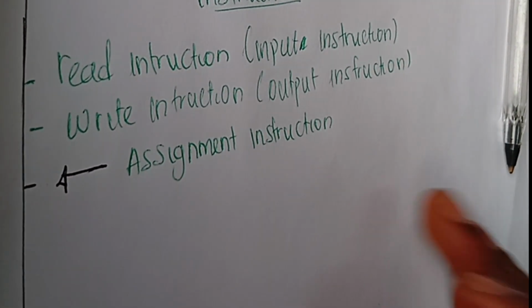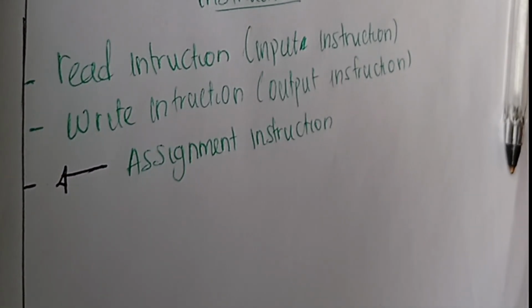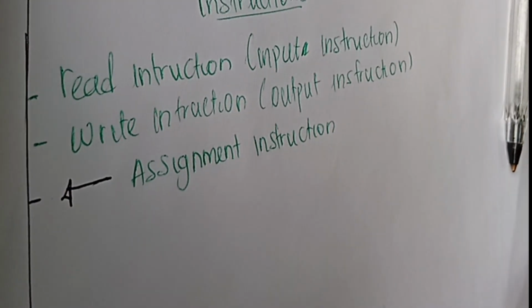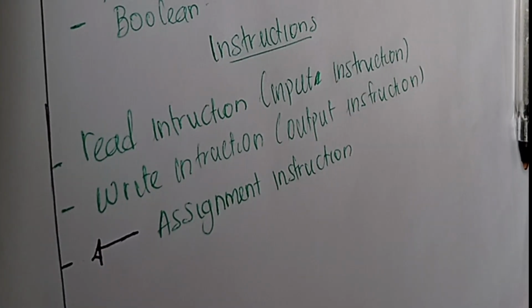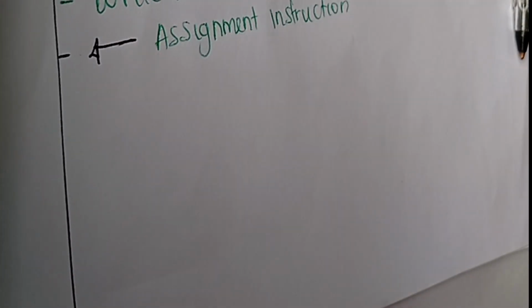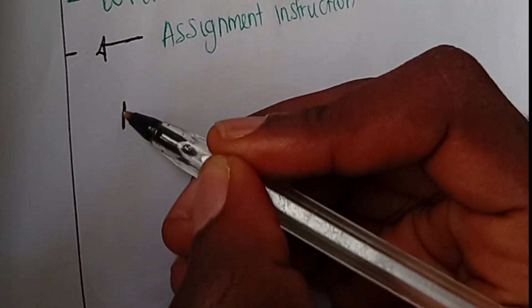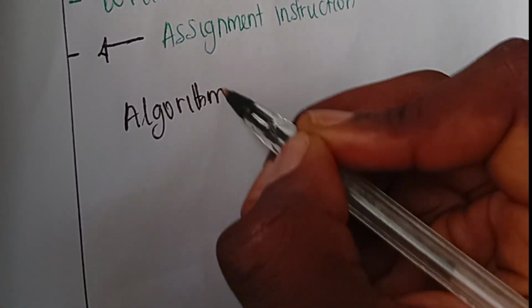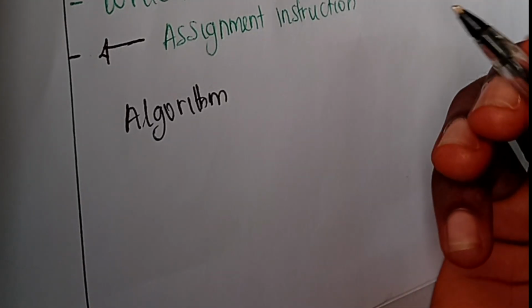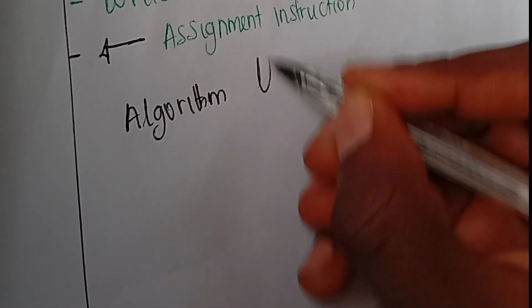So let's try writing a basic algorithm. Let's write something on the screen. So an algorithm to write the user's age maybe. Let's just go ahead and do it. We start with the algorithm keyword, Algorithm. The next thing you want to write is the name of the algorithm.